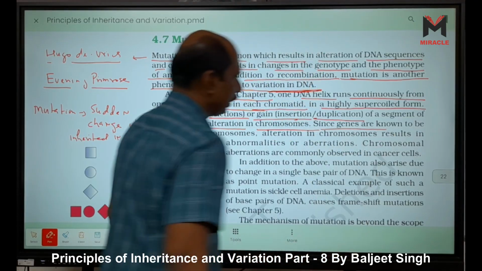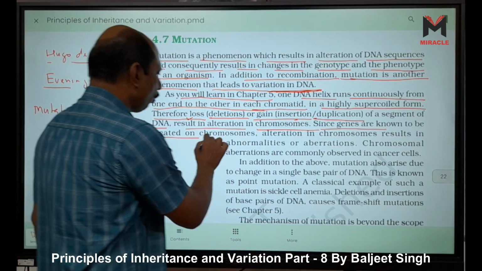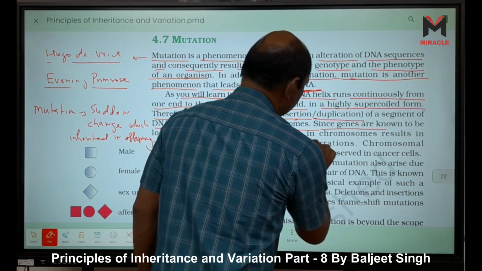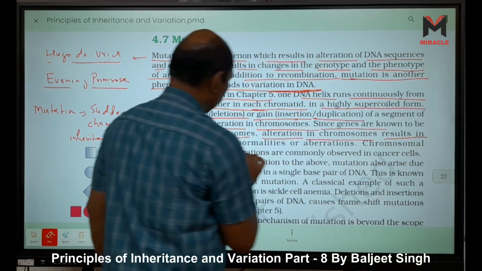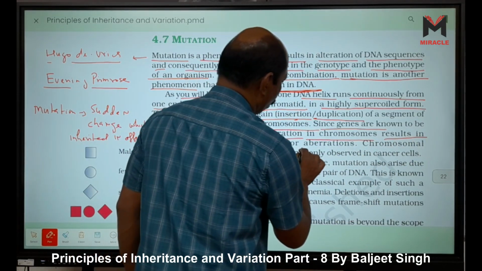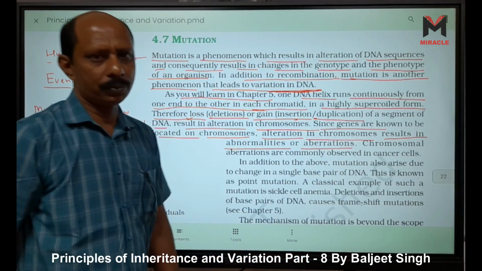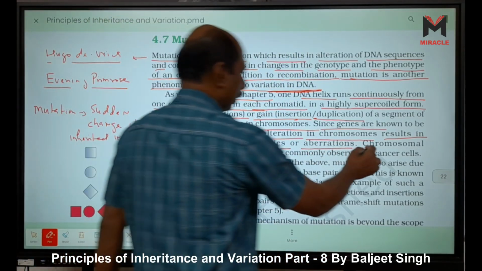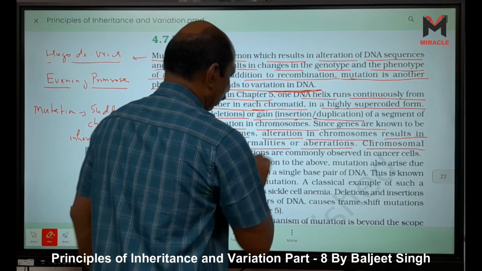Loss means some part is deleted or cut off, and gain means another part comes and is added. Since genes are located on chromosomes, alteration in chromosomes results in abnormalities or aberrations of chromosomes. Chromosomal aberrations are what? Look here.